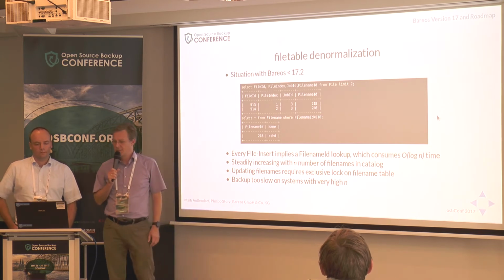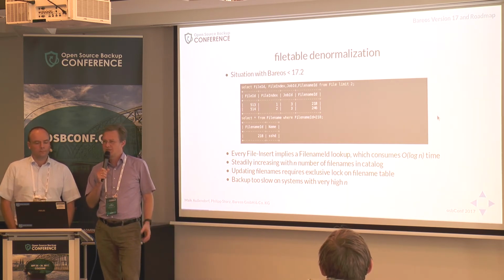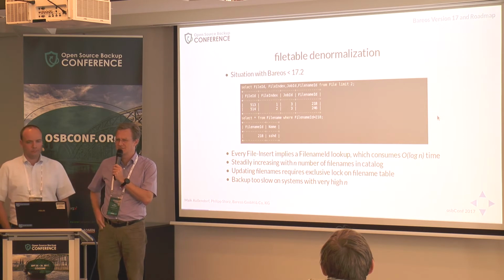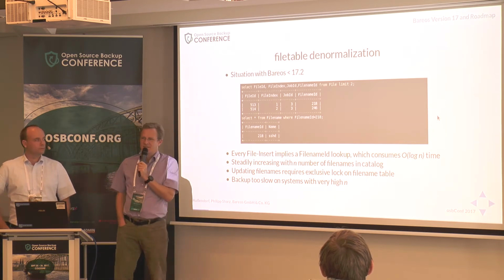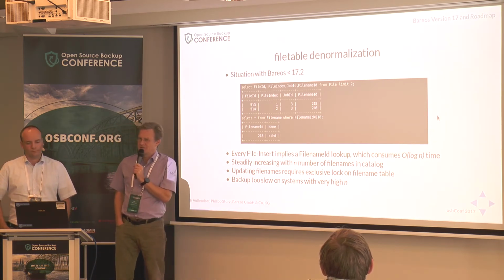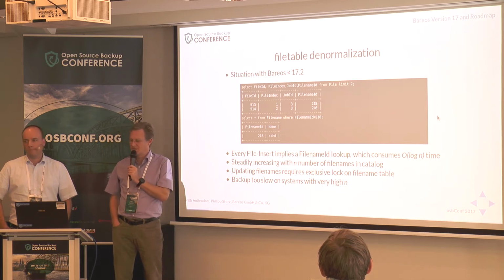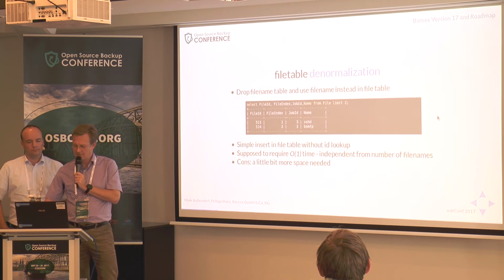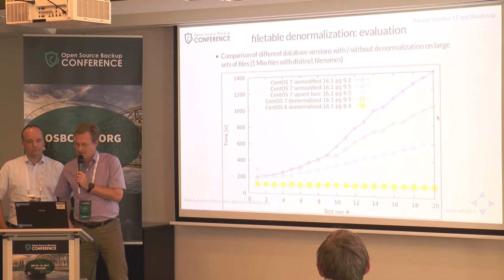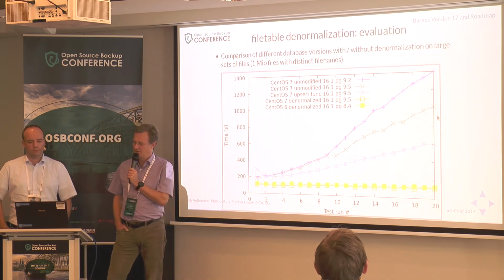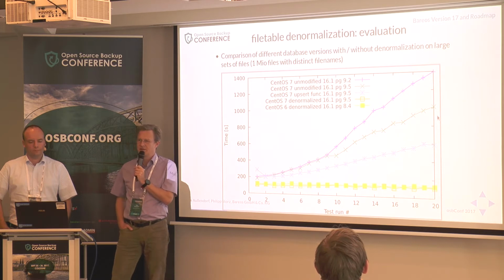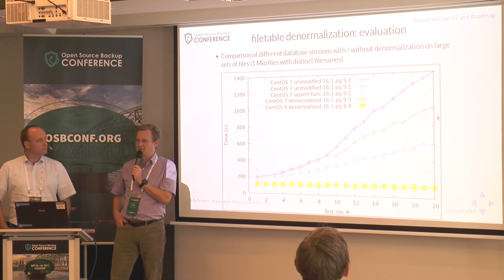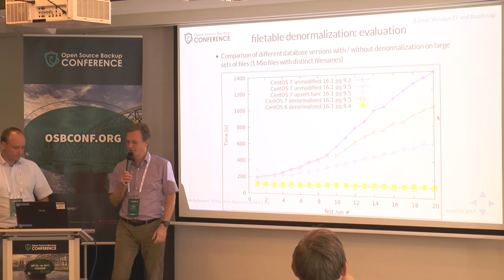That's more or less pretty simple, but we at first were very reluctant, since changing the database scheme means a lot of effort, a lot of testing, a lot of problems. So at the beginning, we didn't want to, and instead we did some testing, because we said, okay, maybe there are other ways of improving the performance.